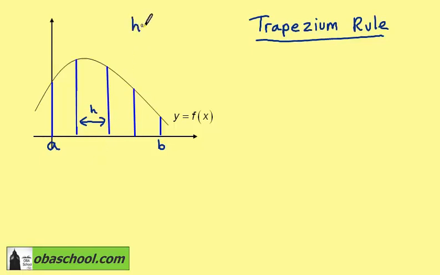To calculate h, we can do B take away A divided by n, where n is the number of trapezia or intervals that we're going to use. On our sketch below, we can see that we've used 4 trapezia. So here it would be B minus A divided by 4.